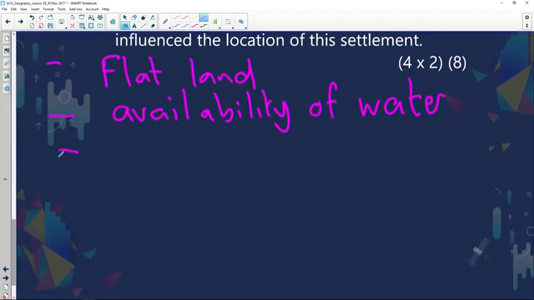Okay, then the reason why they chose that area besides this flat land, is that they can plant their crops there because of fertile soil.